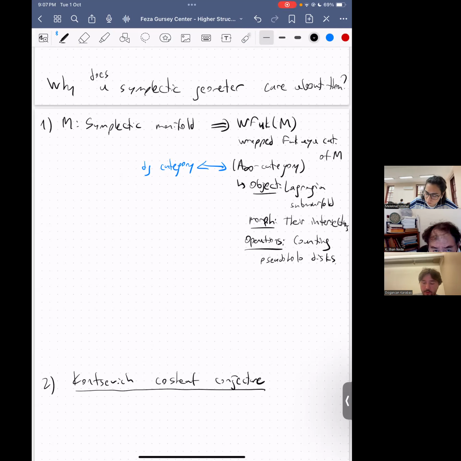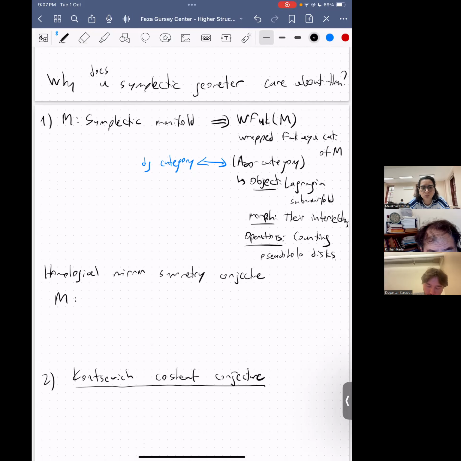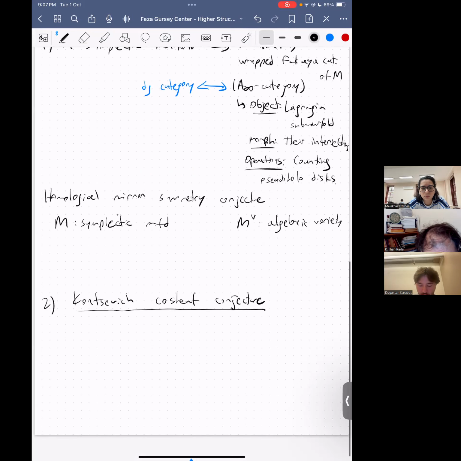about symplectic manifolds. And second, there's the homological mirror symmetry conjecture, saying that for a symplectic manifold M, and there is an algebraic variety, for simplicity, let's just say right now this.